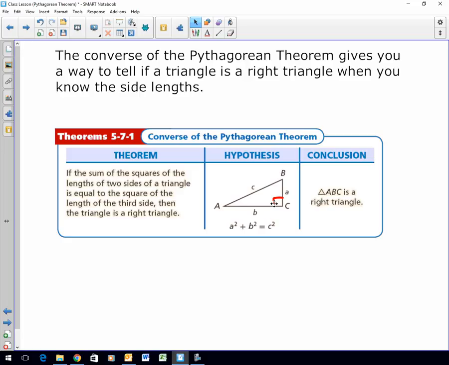Not in some, not in those, not in almost all of them. Every single right triangle, leg squared plus leg squared equals hypotenuse squared.